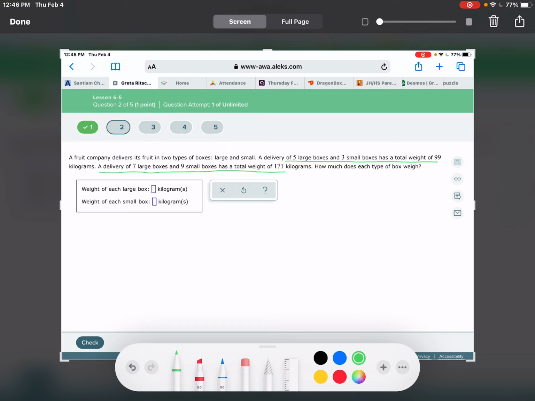The first one, so let's say that x is large and y is small. Okay, so 5 times x, that's the large, plus 3 times y equals a total of 99. Okay, at the same time, I have this situation. 7 times x plus 9 times y equals 171.